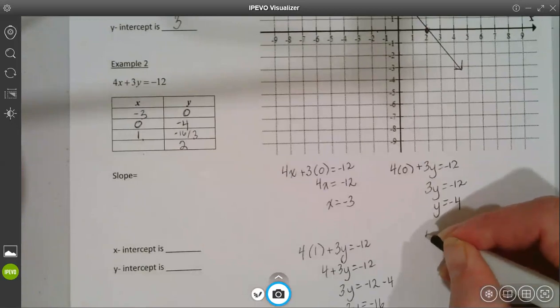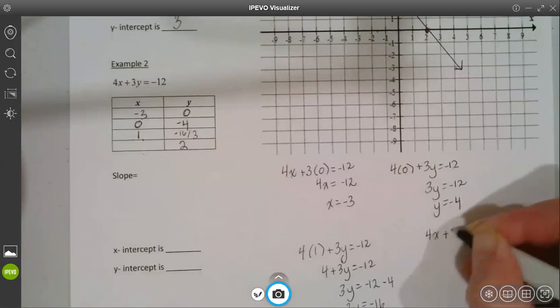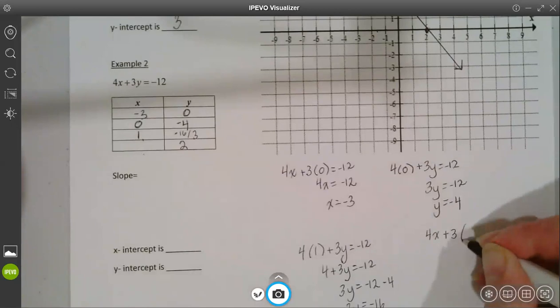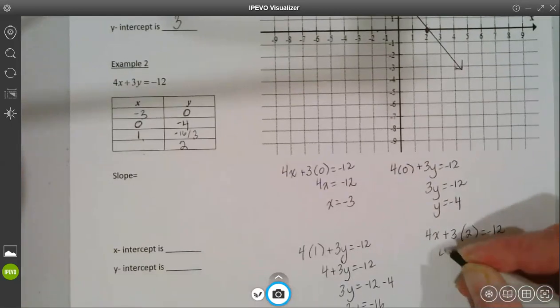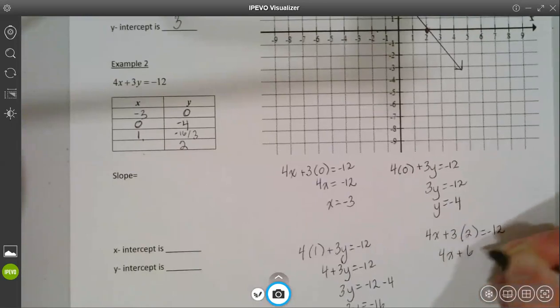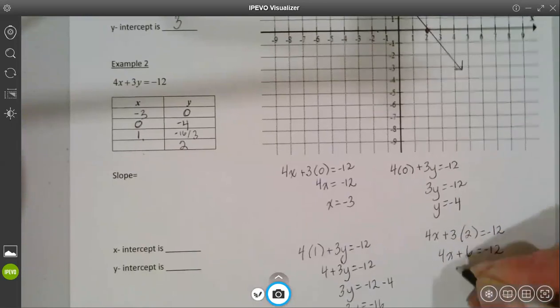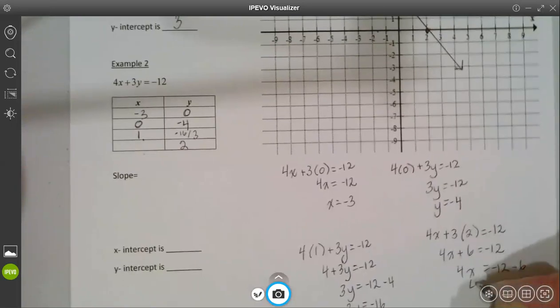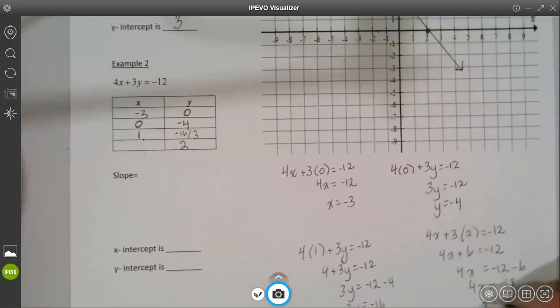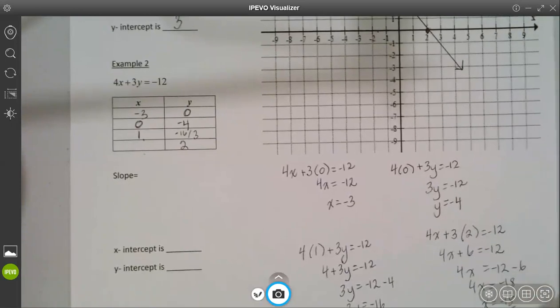So we have 4x plus 3, replace the y with a 2. We're going to take care of the multiplying, and then we're going to transpose, gather like terms, divide both sides by positive 4, and we're going to reduce that to get negative 9 over 2.